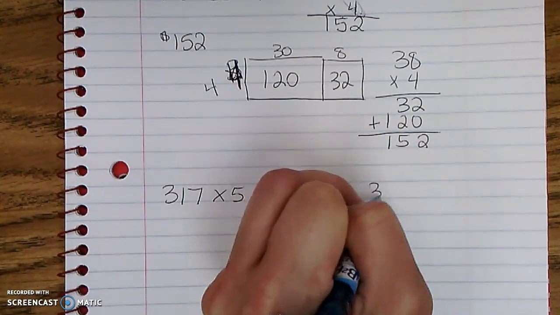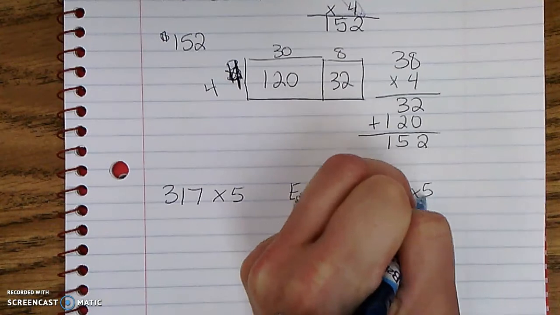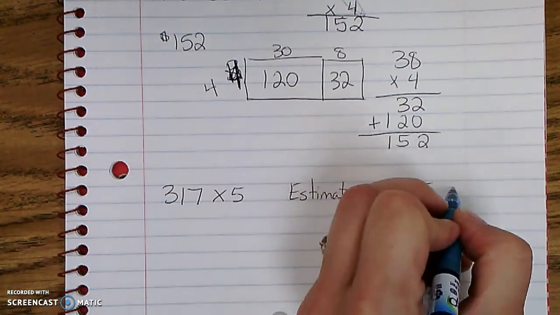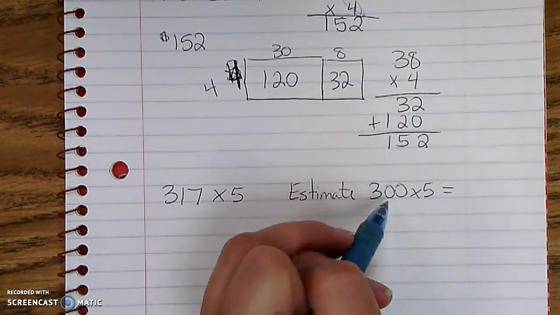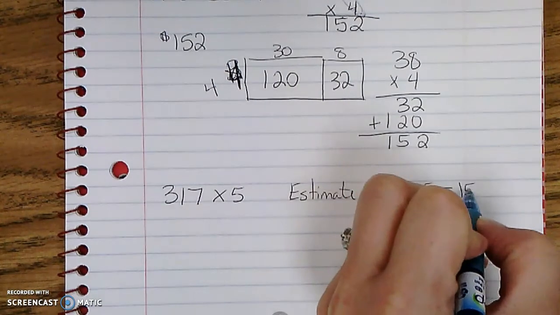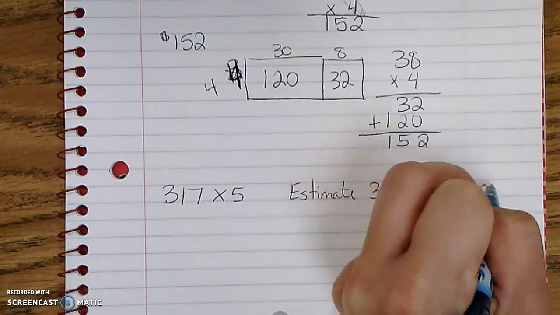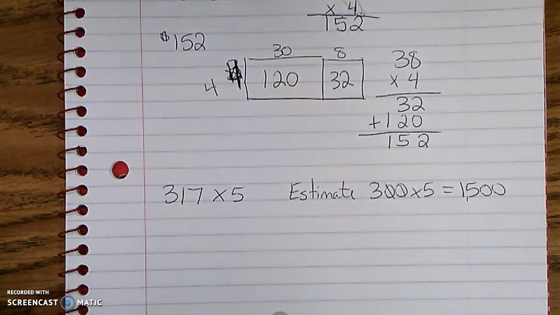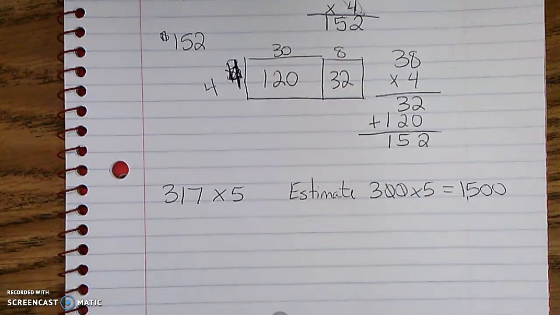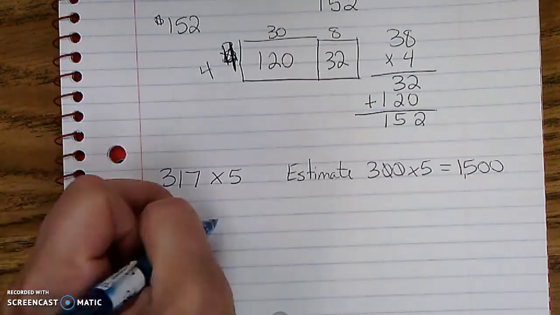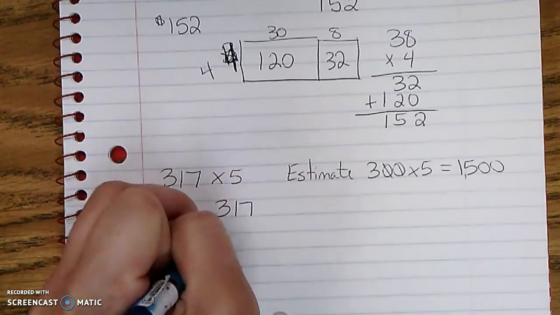And so that would become a 300, and I would leave that 5 alone, because it's a single digit. So 5 times 3 is 15, and then 1, 2. So my answer should be somewhere close to 1,500.